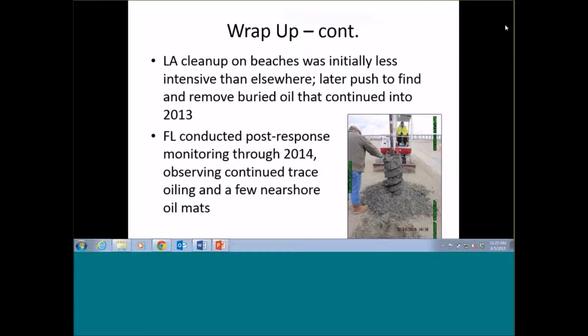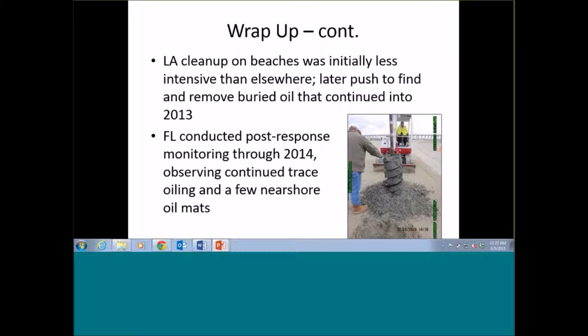Florida is an example. I think the response ended there in 2013 officially, but the state of Florida kept on doing post-response monitoring through the end of 2014. They continued to find trace oiling on most of the beaches, especially in the eastern panhandle: Escambia, Santa Rosa, Okaloosa County. Finding, again, those tar balls or SRBs coming up periodically on the beach at low levels.